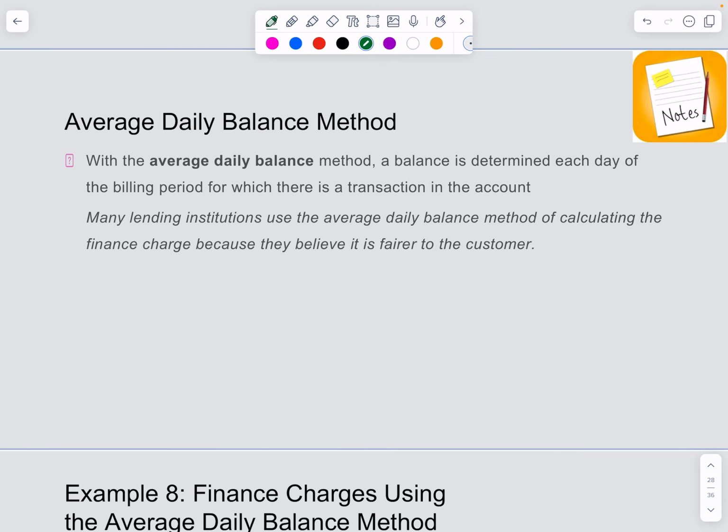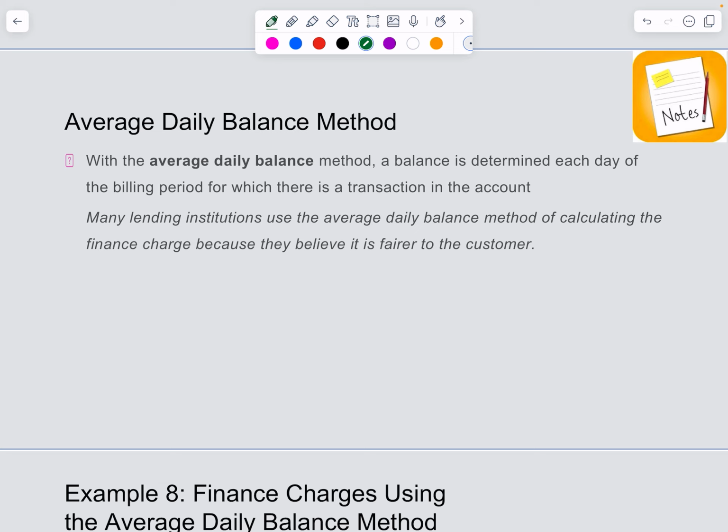Okay, let's talk about something called the average daily balance method. This one is a little bit more complex because, as you can hear with the title, we're doing the daily balance. Okay, with this method, the balance is determined each day of the billing period for which there is a transaction.